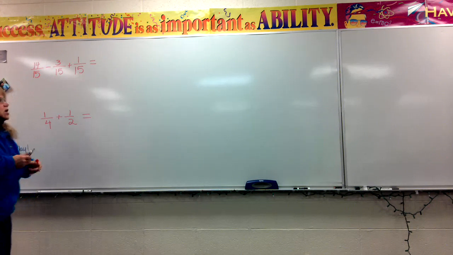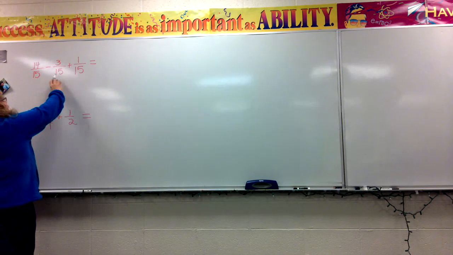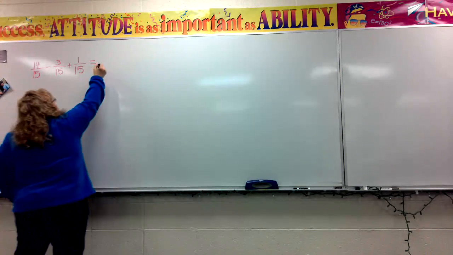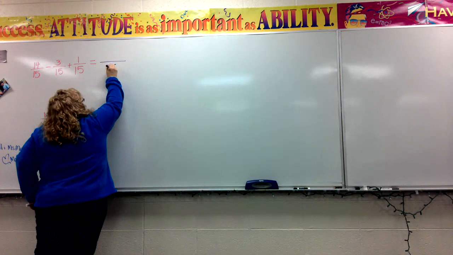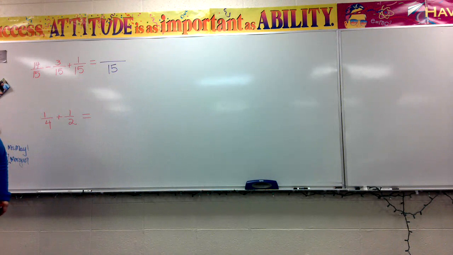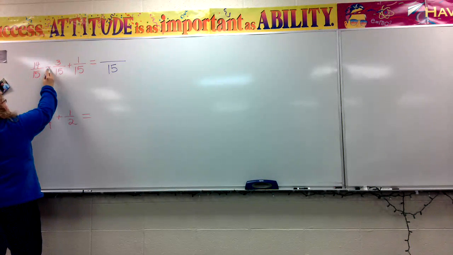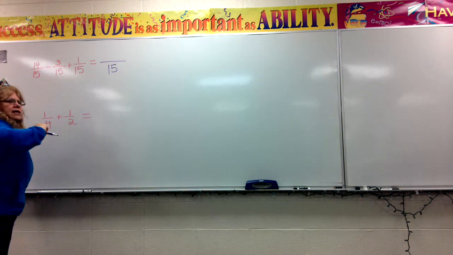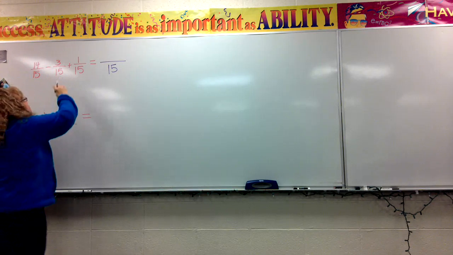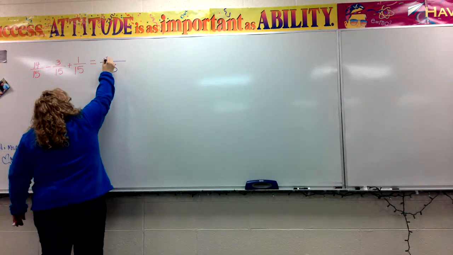Common denominator. And if you have that common denominator, remember the denominator then stays the same, right? You leave the denominator alone and you just do 14 take away 3 is? 11, plus 1 more.